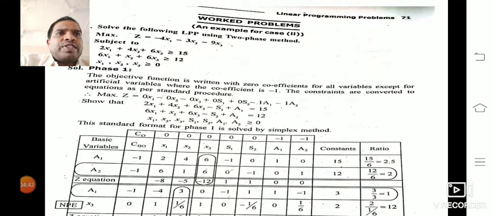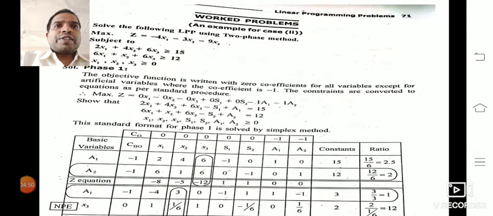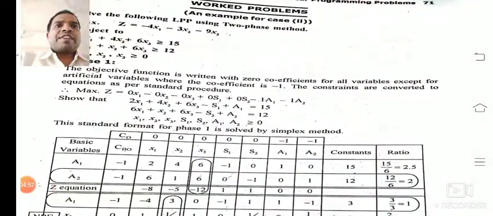The objective function is written with 0 coefficients for all the variables except the artificial variables, where the coefficient is -1. The constraints are converted into equations as per the standard procedure.